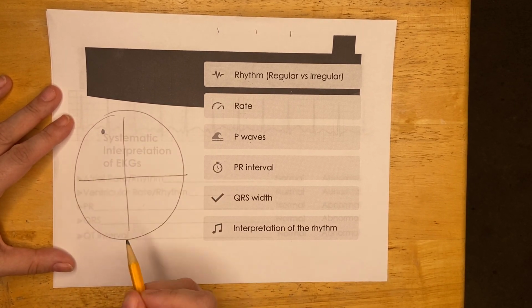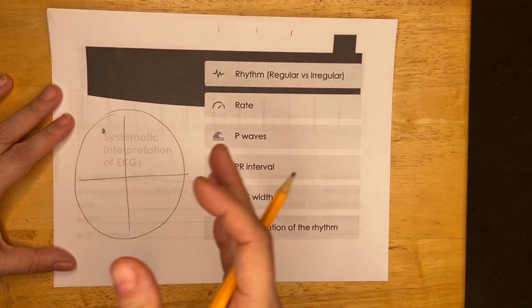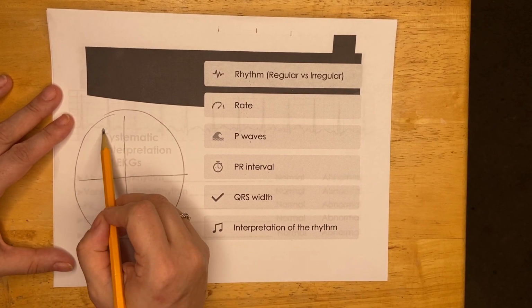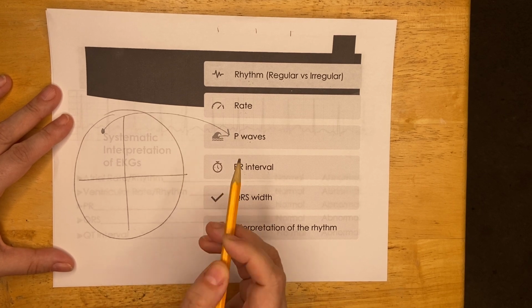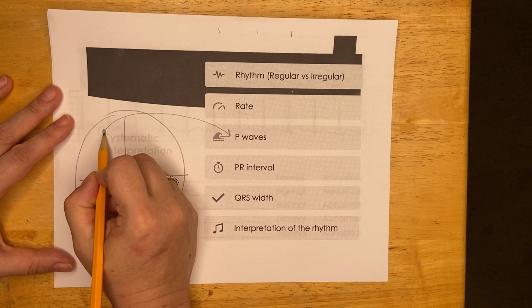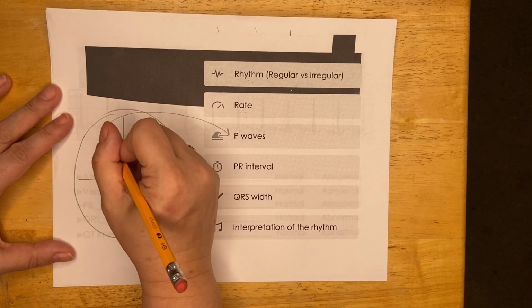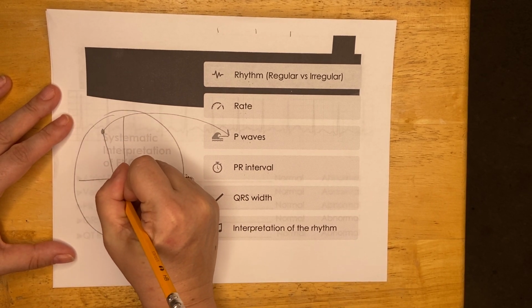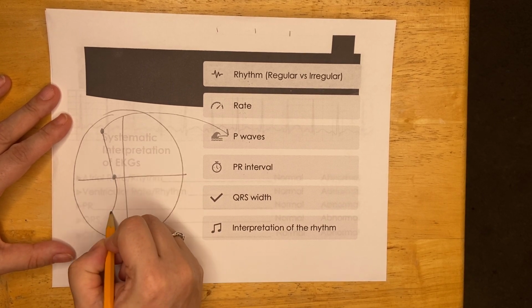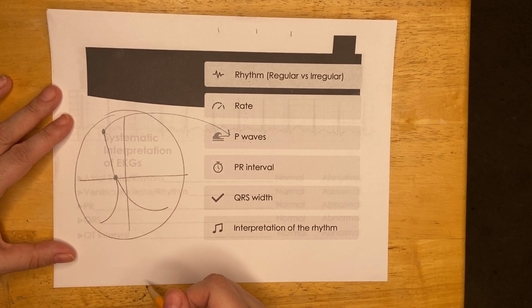So when the SA node fires to start the sequence of electrical impulses that triggers the heart to beat, that is evidence that the P wave is involved. So when this depolarizes, you get a P wave on the EKG. As it moves down the heart, somewhere around the AV junction, we have the AV node, and then it branches off into the Purkinje fibers, innervating the ventricles.